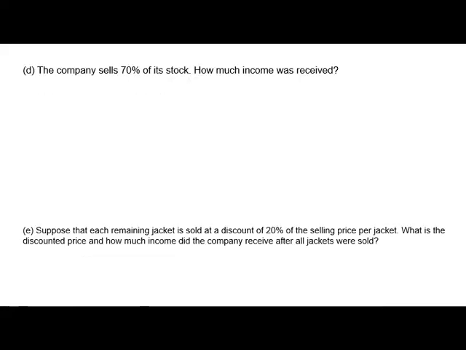Now, if the company sells 70% of its stock, how much income is received? I would take 320 times 70%, because 320 represents the total number of jackets.